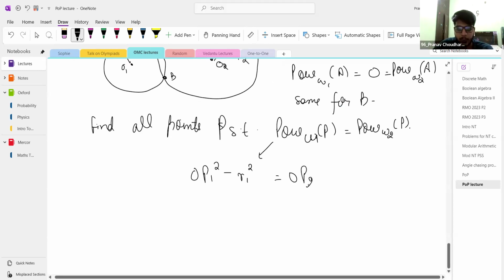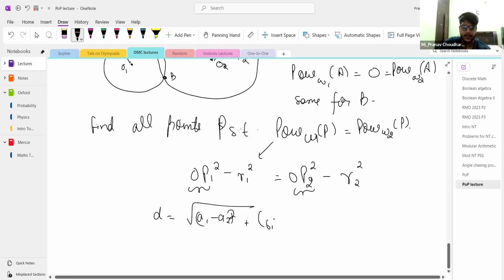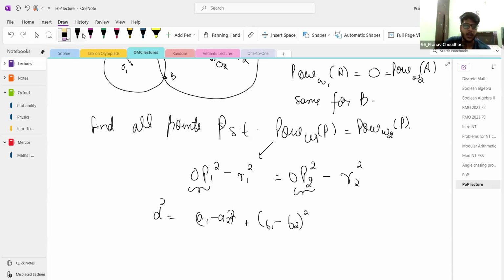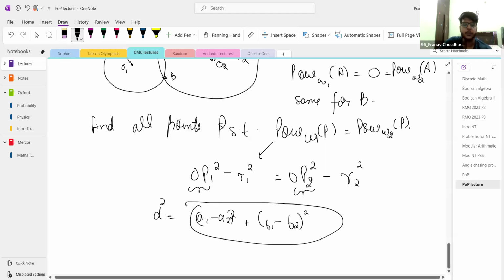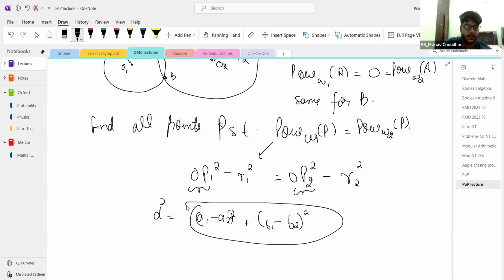Notice that firstly, these distances are squared. And what is the distance formula? It's root of (A1 minus A2) square plus (B1 minus B2) square, right? But if I square this, like if I consider D square, the square root goes away. And this thing is not as bad to deal with if you choose the points cleverly. So this is where the intuition of choosing the reference carefully comes in.